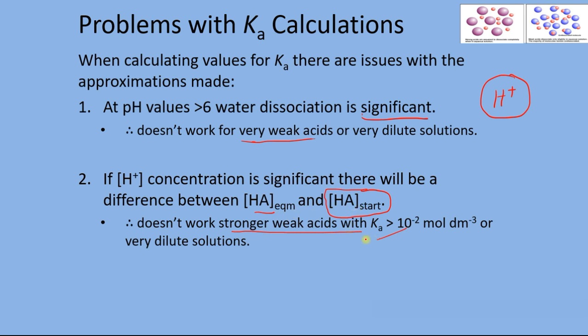This is not true if the weak acid is a stronger weak acid, where the dissociation is considerable, where the Ka value is more than 10 to the power minus 2, which means you have lots of H plus ions. So a higher proportion of the HA has already dissociated, and that is not a good approximation. So that's a limitation of using Ka for calculation of pH.